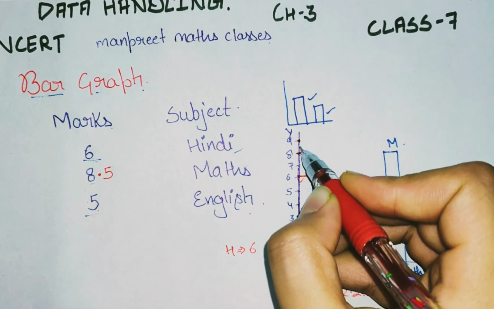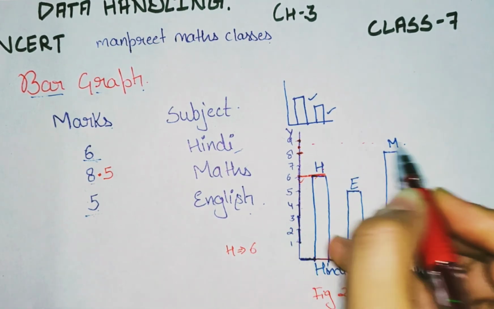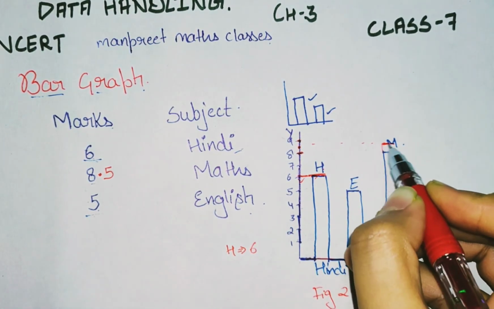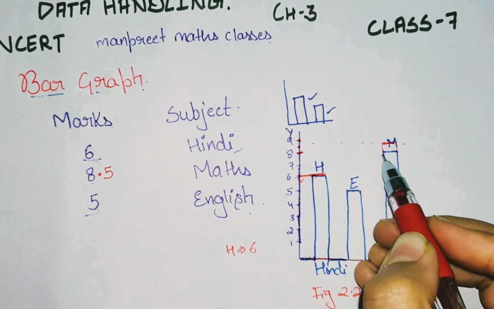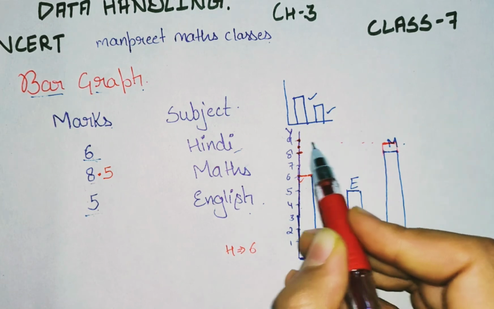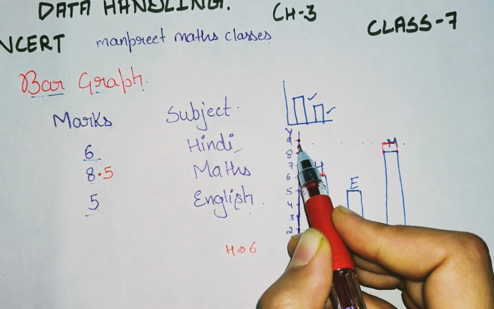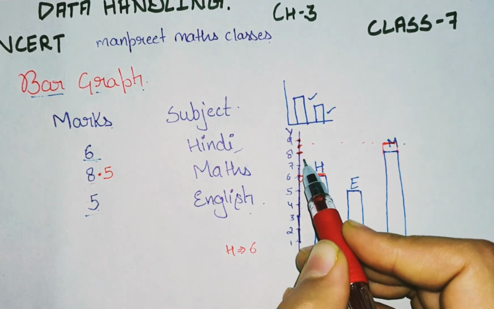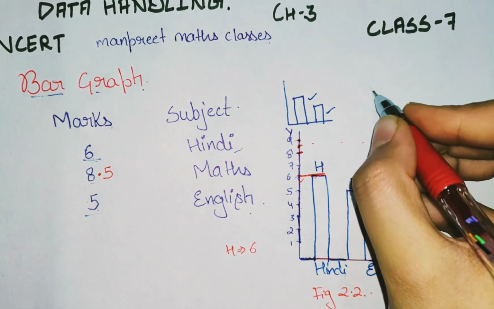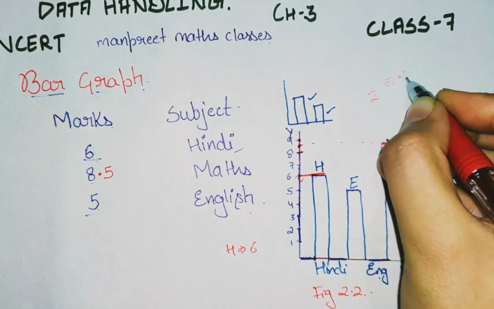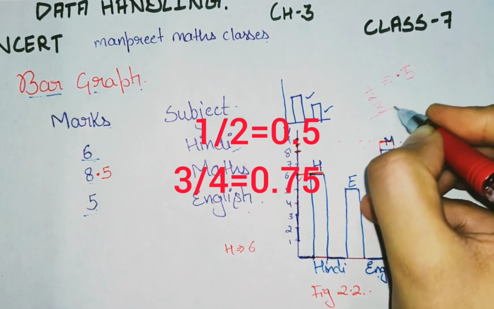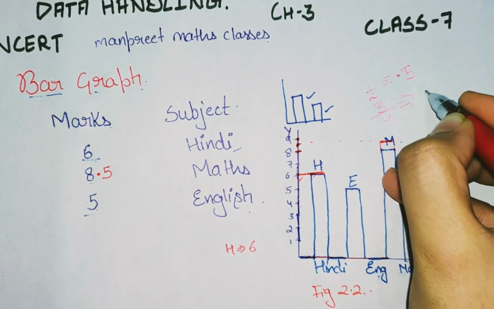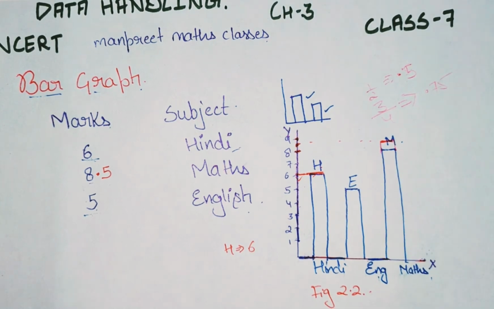So between these, it would be this much, 8.5. In the same way you will read. If you have to read it, just compare it to the given numbers and see according to your observation. If it is representing half, it means 0.5. If more than half, 3/4, then it means 0.75. This is how you will read the graph.